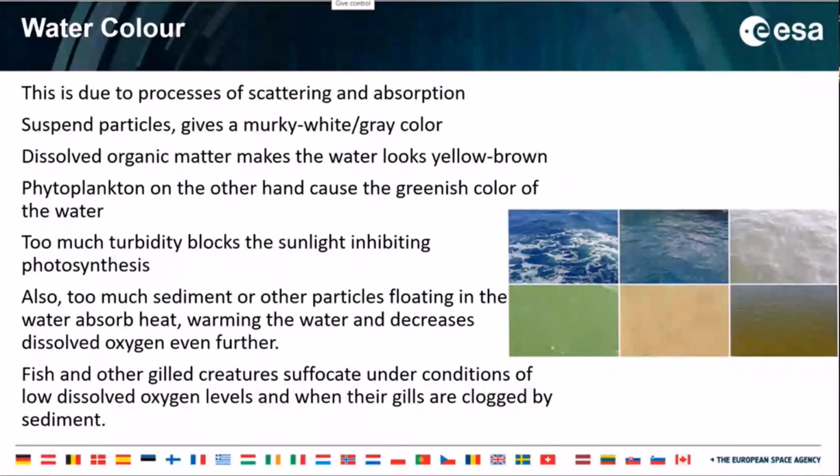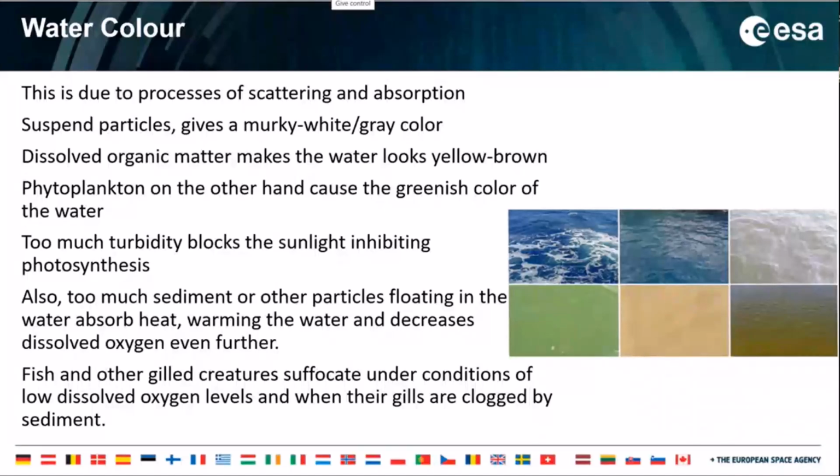For example, if you have a murky white gray color, this is mostly related to suspended particles. If you have a yellow brownish water like this one here at the lower right corner of this graph, it is mostly dissolved organic matter. And if you have green at the lower left of the graph, this is mostly related to chlorophyll.